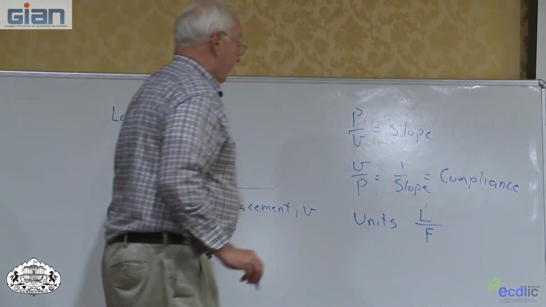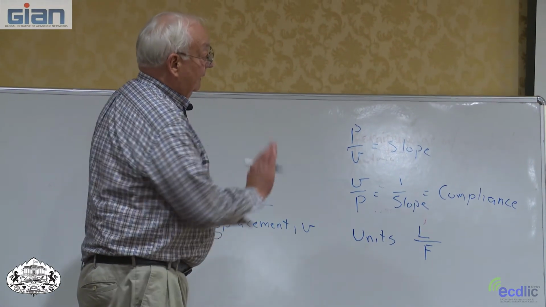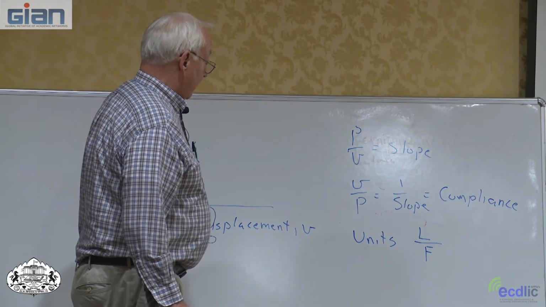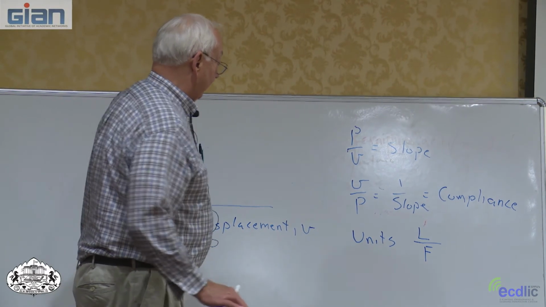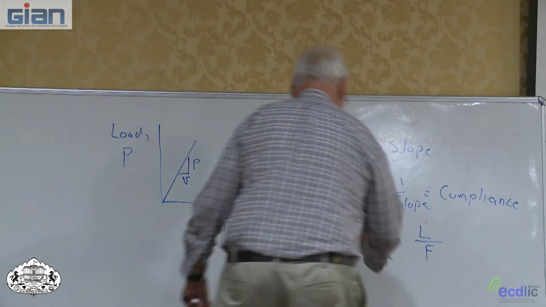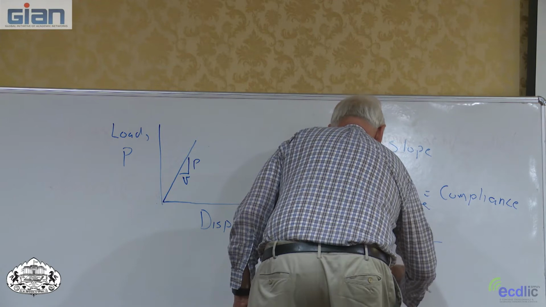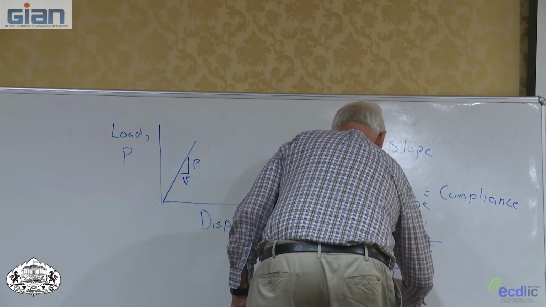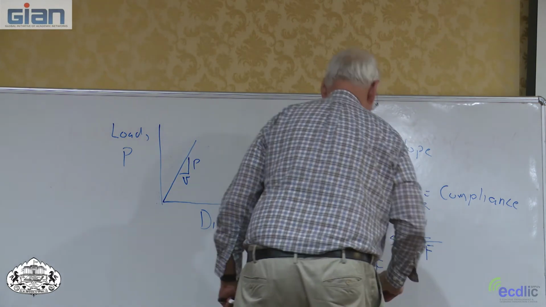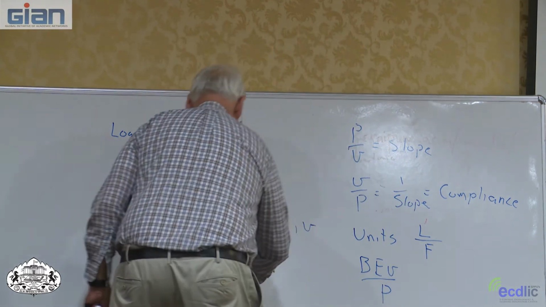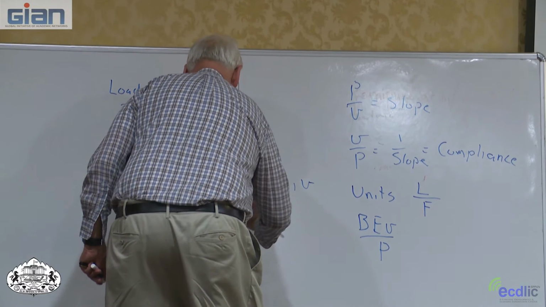So length over force. Now, in the tables, everything is written to be unitless. So to get rid of length over force, write BEV over P. So in this case, B, as you know, we use for thickness.